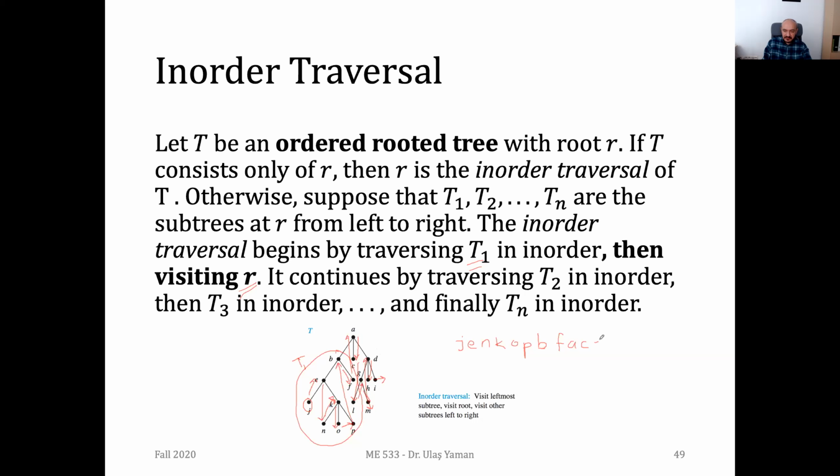We have L, G, M, and then this part is covered, so I need to visit the parent of G. After M comes D, and then the other siblings, H and I. So this is the in-order traversal of the given tree.